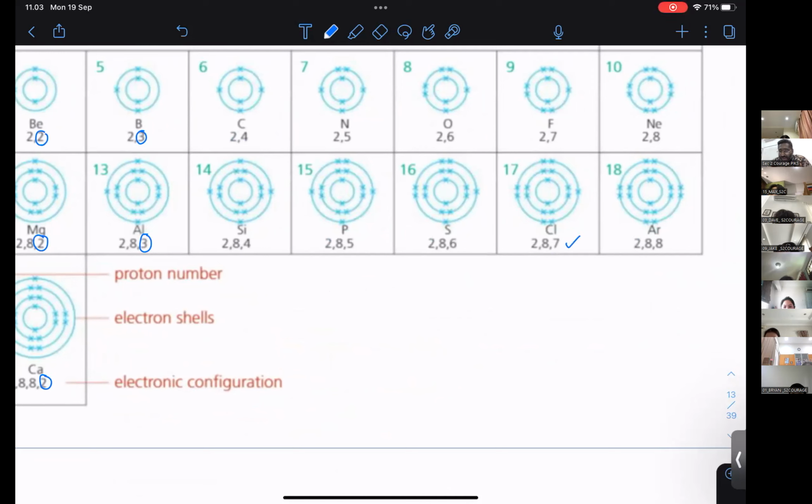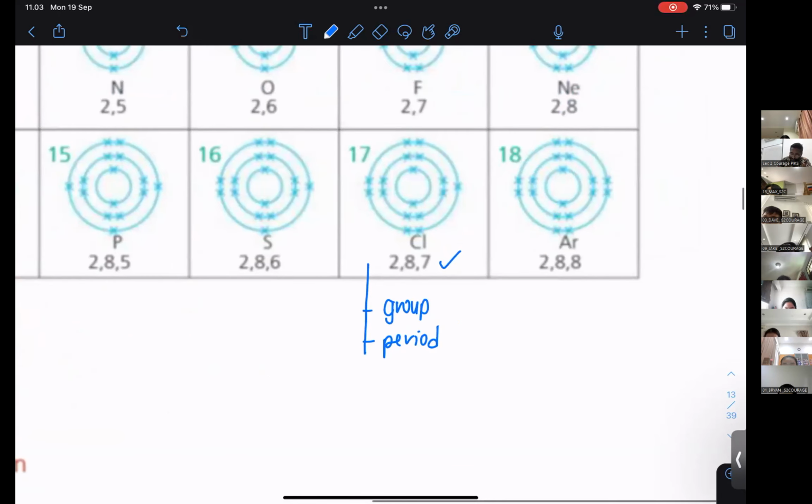Now, for Henrietta, for Cl, can you tell me which group and which period it is in, by just looking at this number?